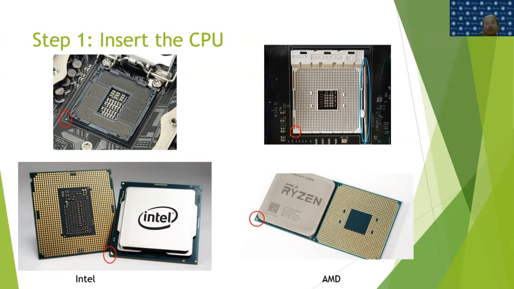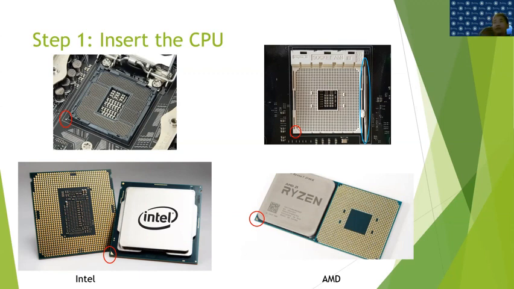Then grab the CPU from its side and gently drop it in, and make sure that it fits snugly inside by putting one finger on top of the CPU and moving it around. Then you can pull down the tension bar lever.